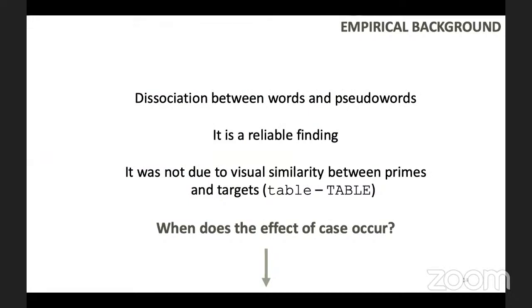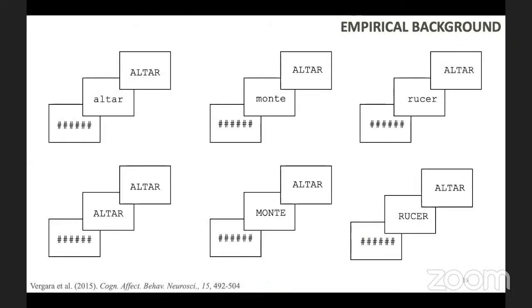Importantly, this dissociation between words and pseudowords is a reliable finding. Indeed, it has been replicated in several languages with the lexical decision task, like Spanish, French, and English. So with the aim of further examining the time course of this dissociation between words and pseudowords, Vergara-Martínez and others registered participants' event-related potentials, ERPs, in a masked priming lexical decision experiment.